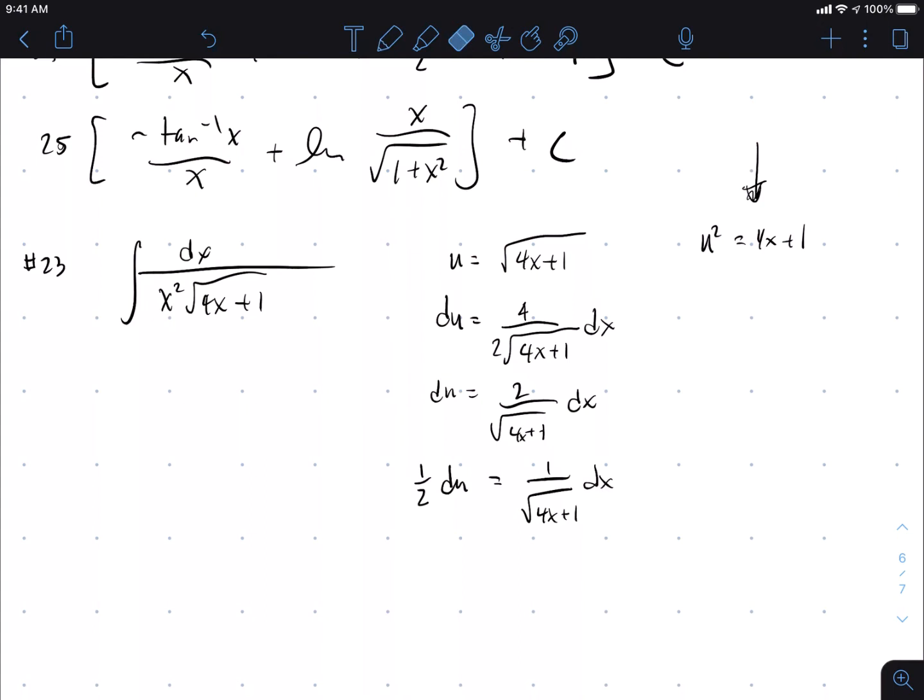So if I do it here, and this is typically something that people do, you're going to get 4 dx, right? So then you end up with 1/2 u du is dx. Correct? So then from there, when we do our substitution, that 1/2 u du is the dx piece.